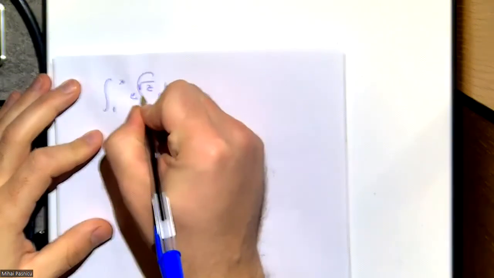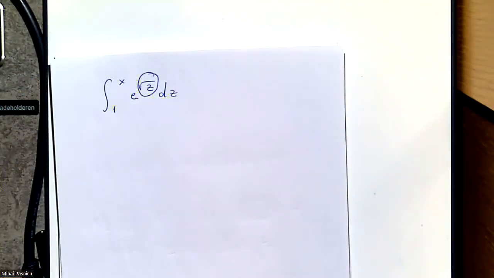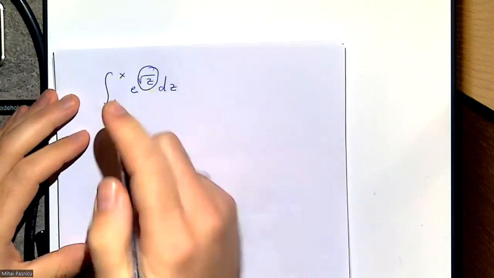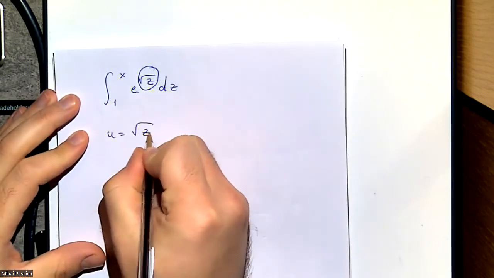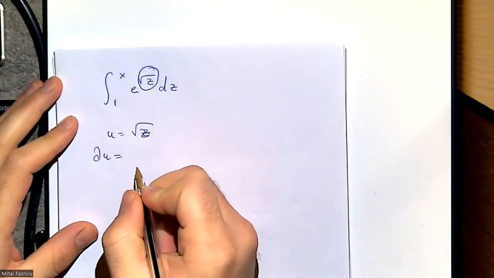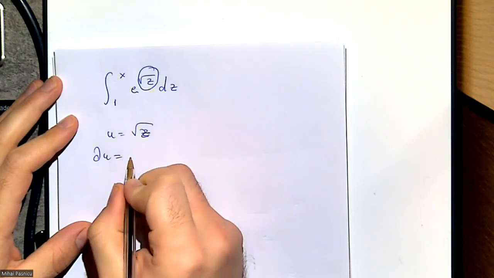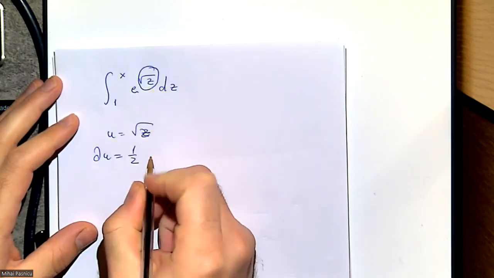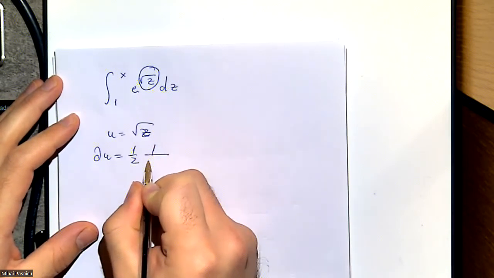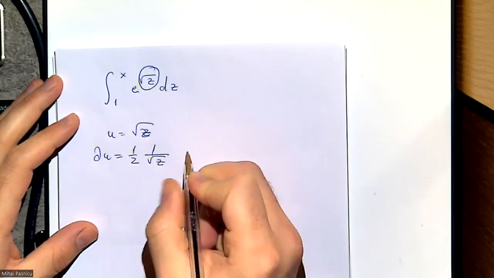It's only this that we can substitute. So I just give it a shot. u is equal to square root of z. du is equal to... just give it a second. My derivatives sometimes just stop. I don't know why.